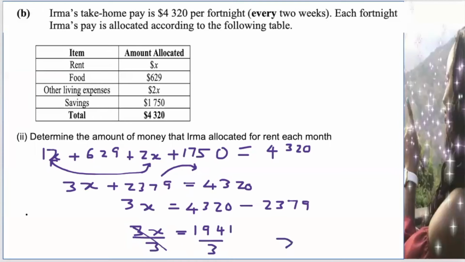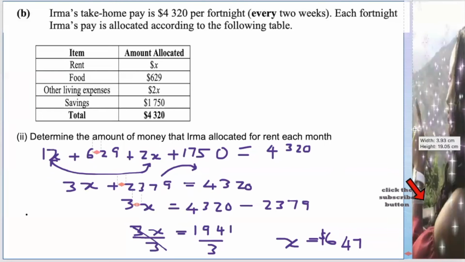This cancels, so this is saying the amount paid for rent is $647. So the amount that is allocated for rent is $647 per fortnight, because we're saying it's per fortnight that she pays it. So that means for 2 weeks she paid that.